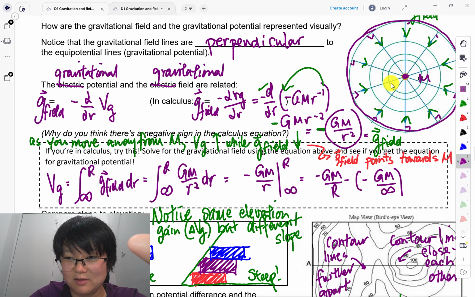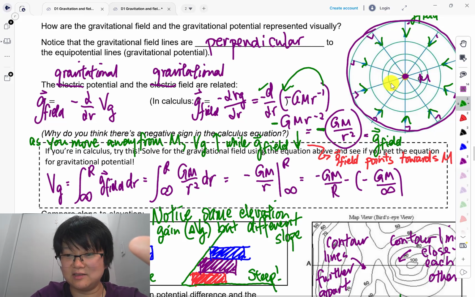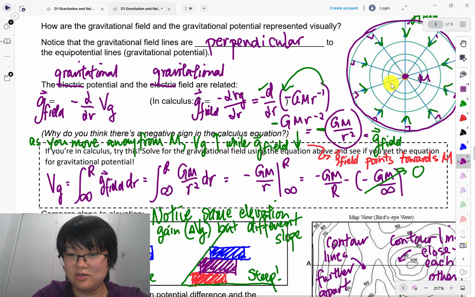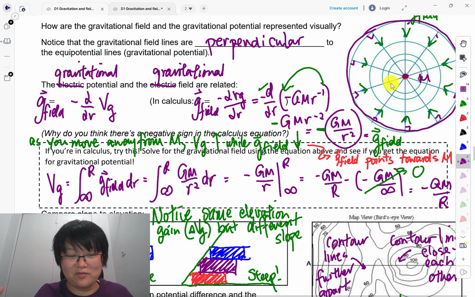Your math teacher may or may not like that. But the significance is that the infinity sign means this whole fraction tends to 0 because you have a really large denominator. As a result, you are left with negative big G big M over r, which is your gravitational potential. So everything works out perfectly.